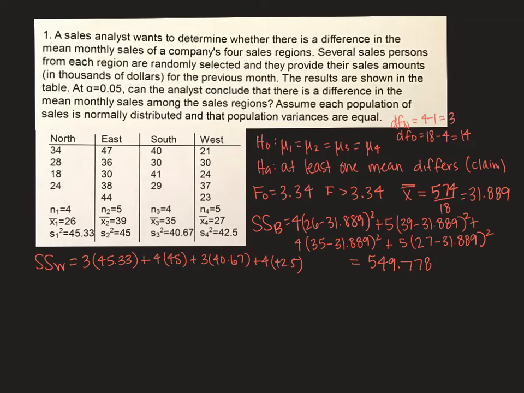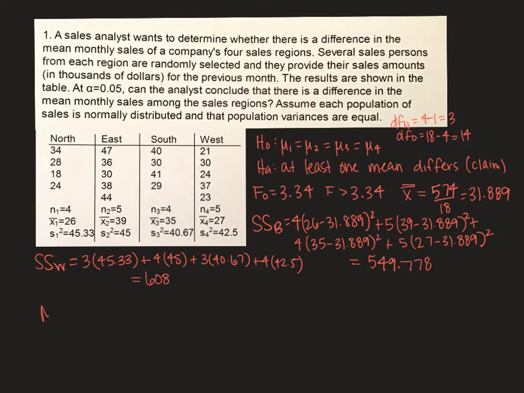So when I multiply and add all of those together, I get 608. So now I'm ready to find MSW and MSB.